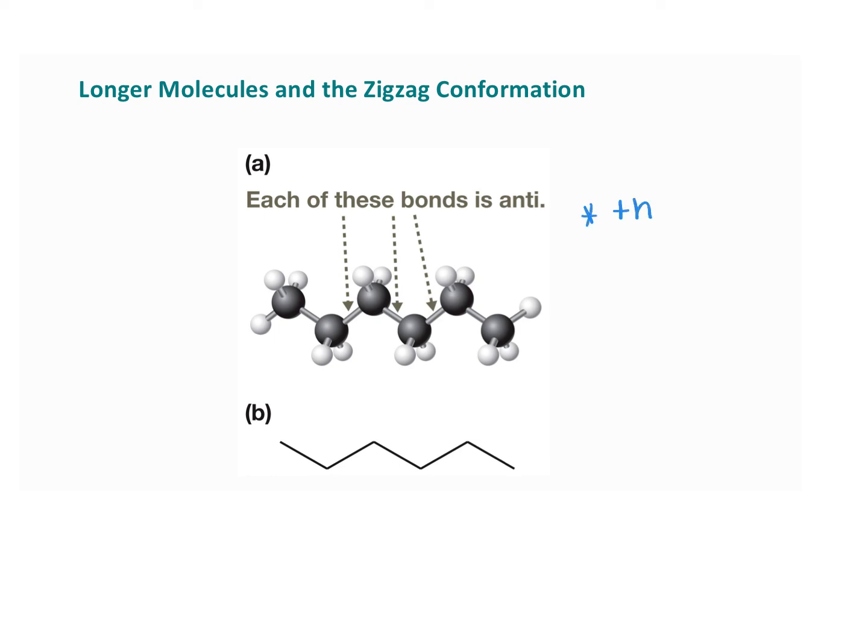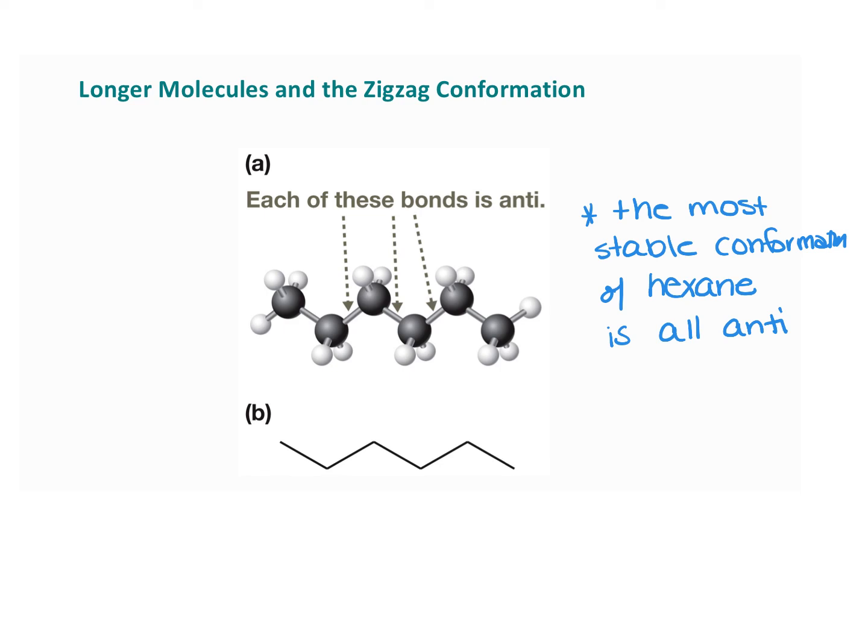So the most stable conformation of hexane is the all anti conformation, and this is also known as the zigzag conformation.